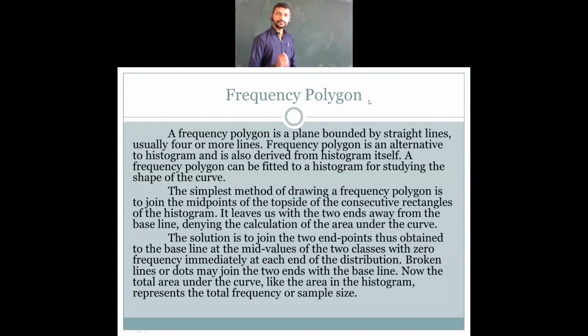Here what we are going to do, same as component bar diagrams, we open it and point out where exactly in the middle of the component bar the lines for this polygon go. This is only one minor change as compared to the histogram. The same diagram will be there, we will just draw one line in between that. That's it. That is all there is in this frequency polygon.